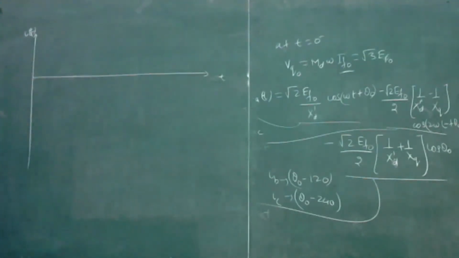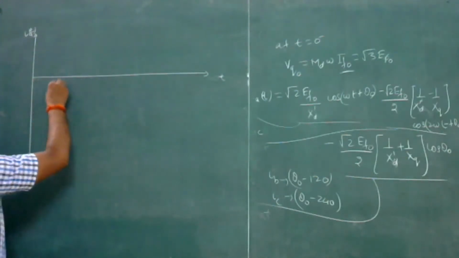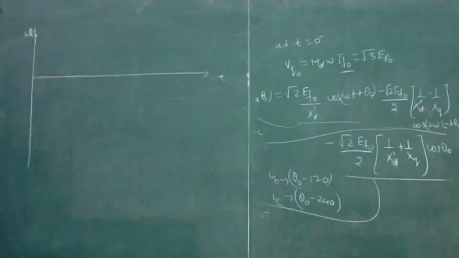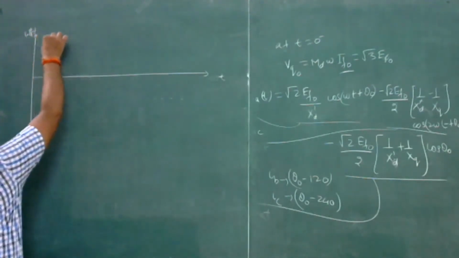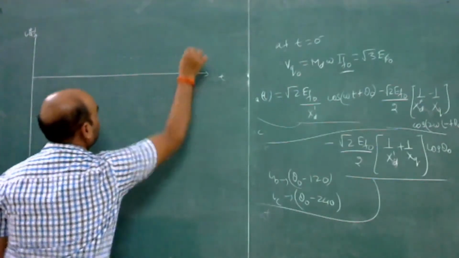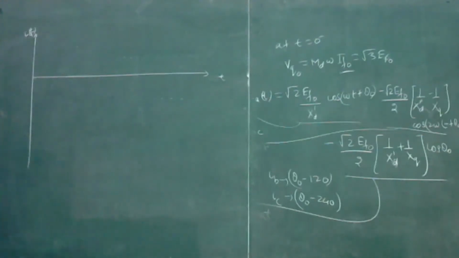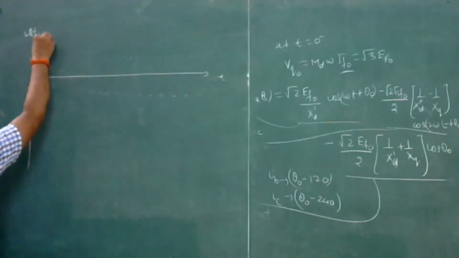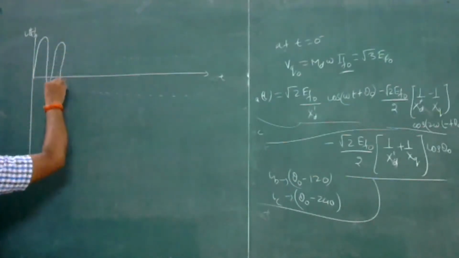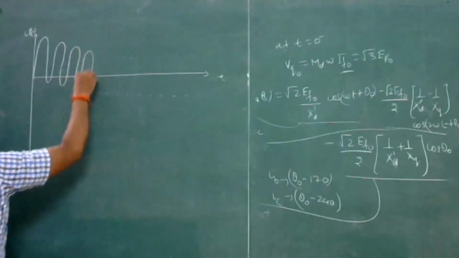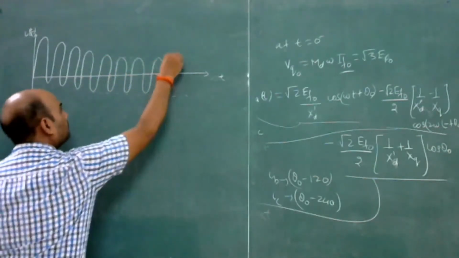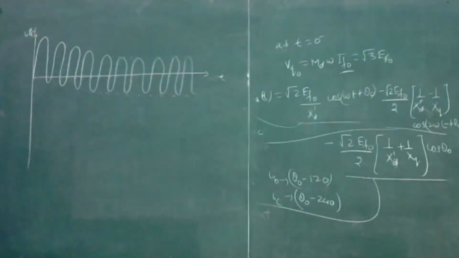The current will start with the envelope of the short circuit, and this is the DC.